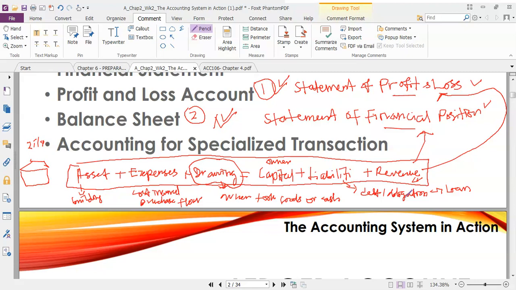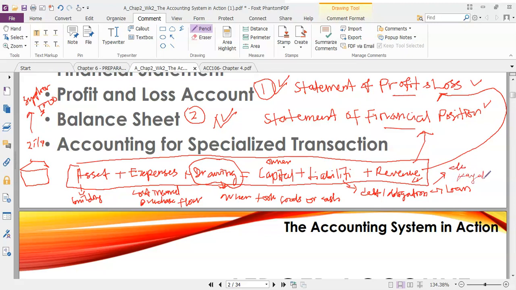So, Zila berhutang dengan supplier. So the RM5,000 is an obligation to Zila to pay the debt. So that is called debt, liability. Dia boleh jadi loan ataupun account payable.